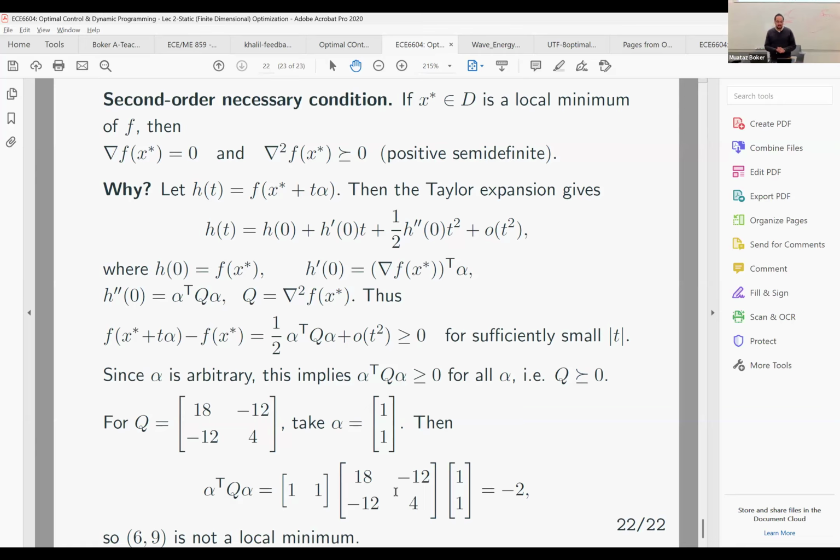This is why I'm saying it's not a minimum and it's not a maximum point. It's just a saddle point. And this is an example to show you that a point can be both not a minimum and not a maximum at the same time, even though it satisfies these necessary conditions in this case.